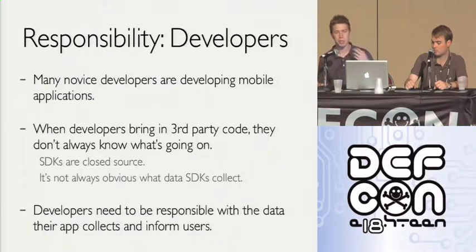But it also brings people who maybe aren't experienced in development and may just throw ads into their code without thinking about the data they're collecting. And our message is that we would like developers to understand the data they're gathering about their users, because ultimately users trust developers.